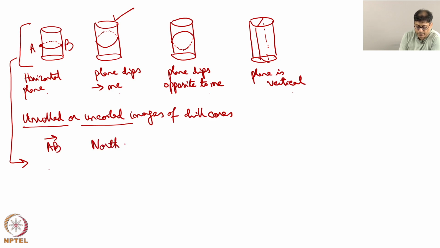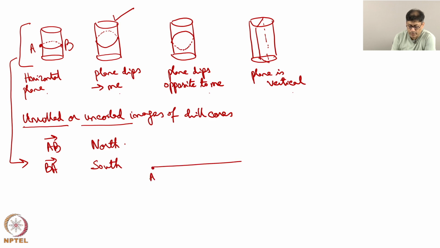So, that means from B towards A is the geographic south direction, and east and west directions can also be understood. Now, once the opening, the uncoiling, is done, point A is here, point B is here, and again point A comes back.